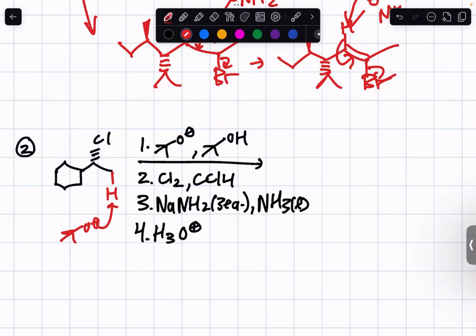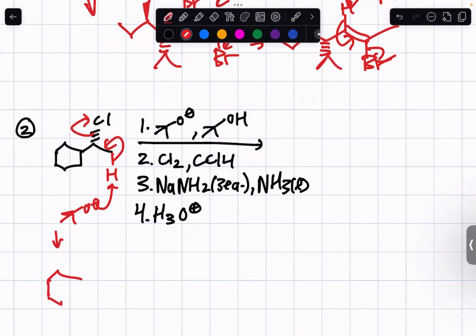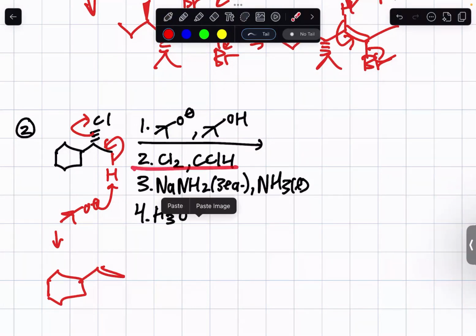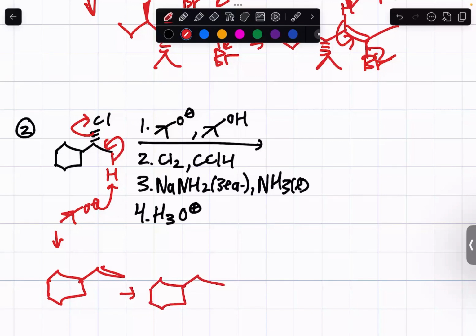The bond between this hydrogen being grabbed and the carbon right there is going to make a double bond right here, kick out that leaving group to create the less substituted alkene. Right there. Now, once we have this less substituted alkene, we're going to do the same reaction as we did previously, halogenation. Make a vicinal dihalide, 1 chlorine for each carbon of the alkene, here and here.